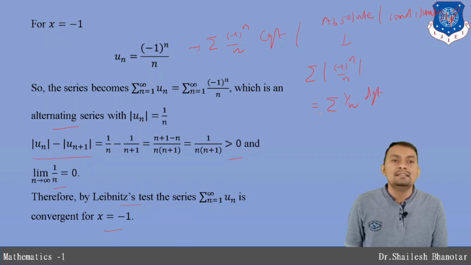Hence we can say that this is conditionally convergent for x = -1.